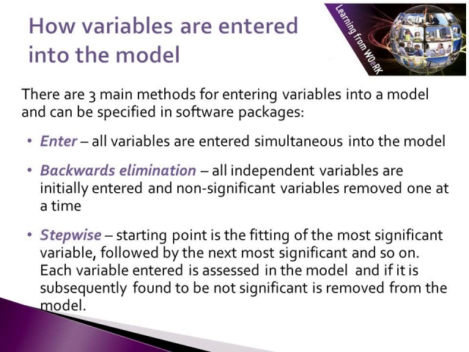With backwards elimination, all independent variables are initially entered, and then non-significant variables are removed one at a time. With stepwise, the starting point is the fitting of the most significant variable, followed by the next most significant, and so on. Each variable is entered and assessed in the model, and if it is subsequently found to be not significant, it is then removed from the model.